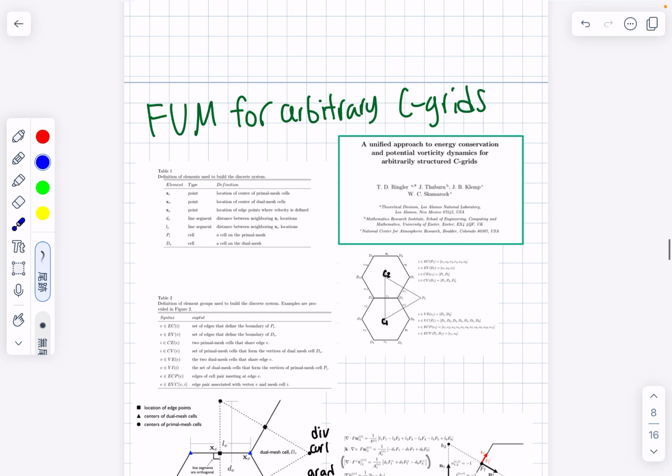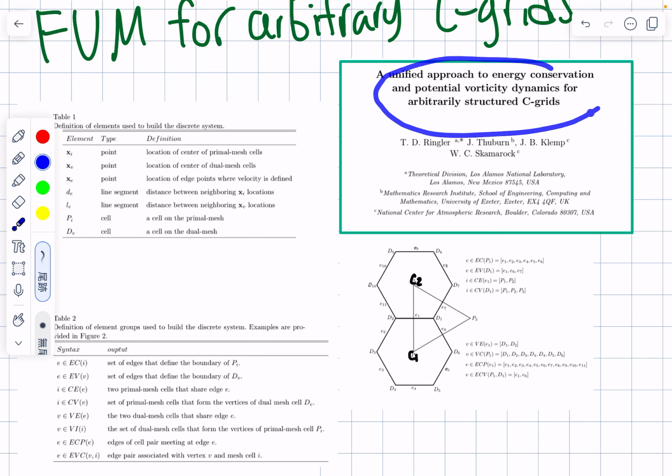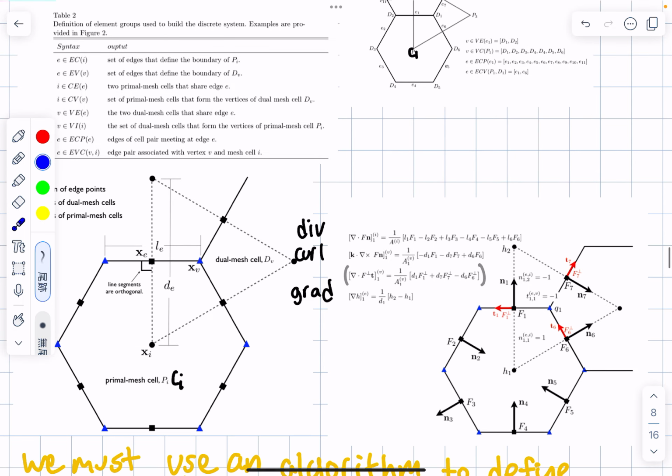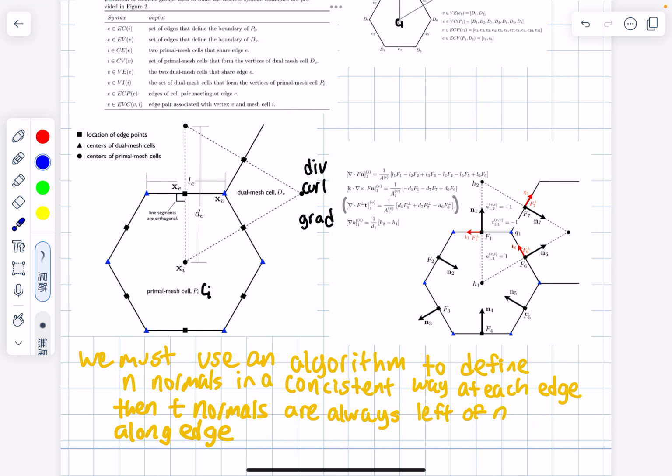So now we're going to talk about finite volume method for arbitrary C-grids. Where I got this information is from the paper Unified Approach to Energy Conservation by Ringler, Klemp, Skamarock, Thuburn. I'll give a very brief overview of this. So we have our cell. We call this the primal cell mesh. They called it P_i.